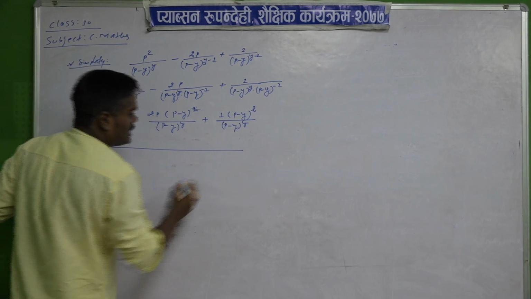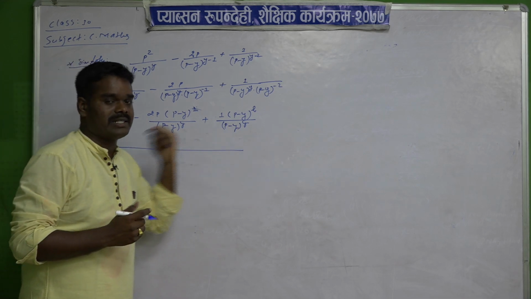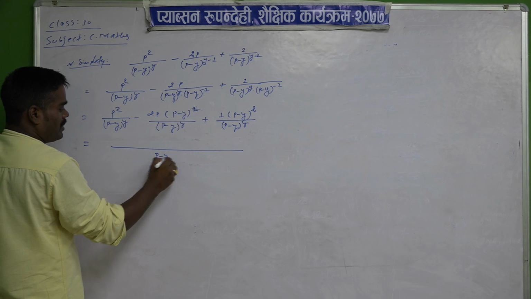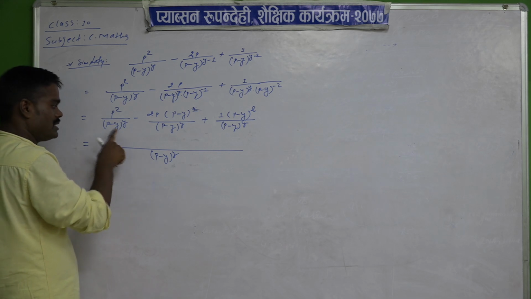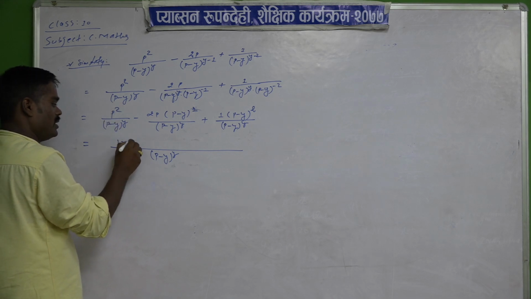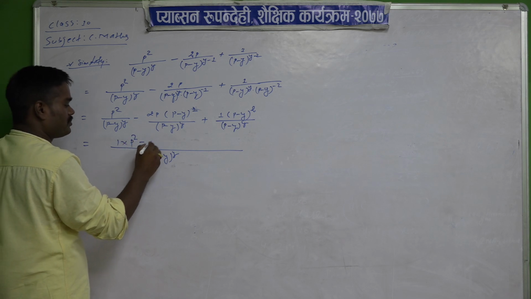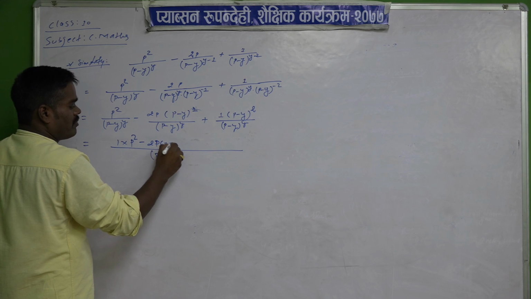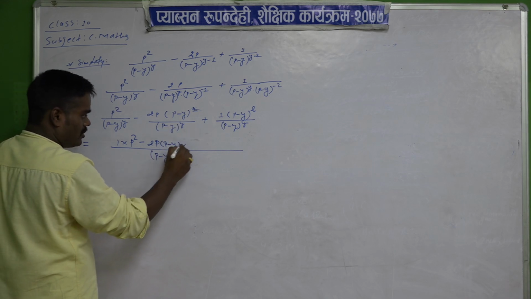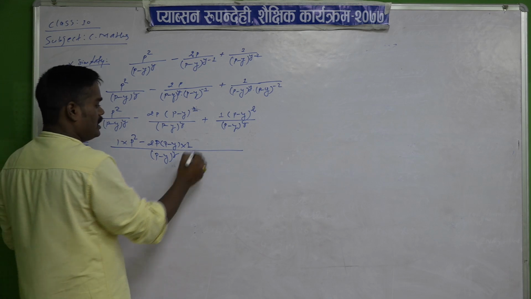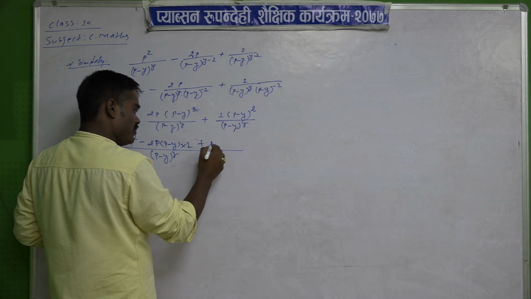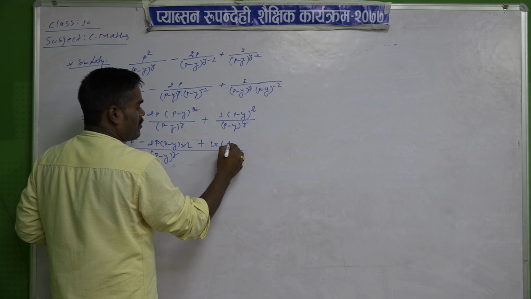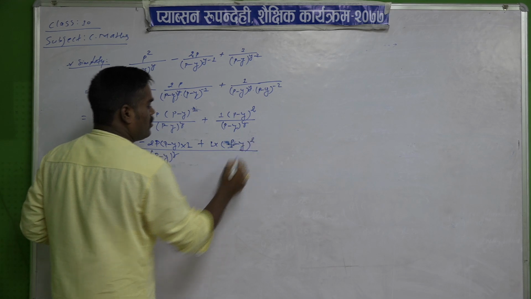Now you are watching, all the denominators are here what? Same. So LCM will be (p − y) whole power y. So divide the LCM by the denominator, this cancel, what is left? 1. So 1 into p² minus 2p (p − 1), if divide then also 1, plus again divide, so 1, so 1 into this and 1 (p − y) whole square.